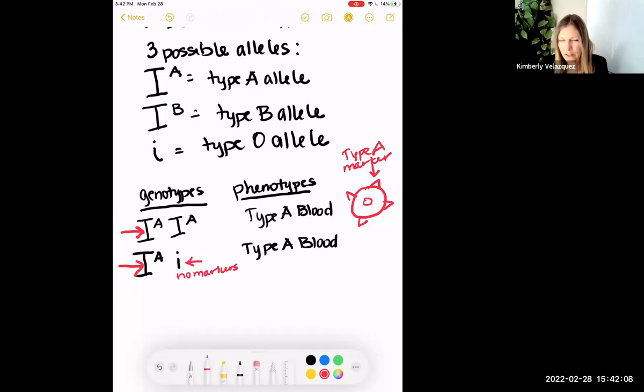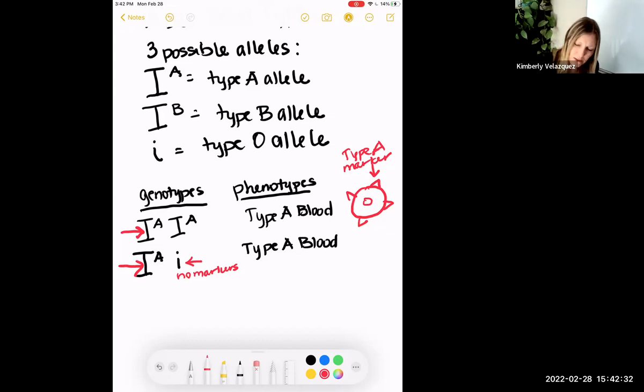Because the type O allele says don't make any markers, A, B, or otherwise, on the red blood cells. Now, the RH marker is a separate marker. This is just the ABO blood type marker. So if you've got one gene saying make type A markers and one saying make no markers, you're going to make some type A markers and you're going to have type A blood.